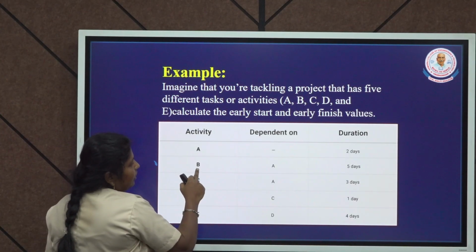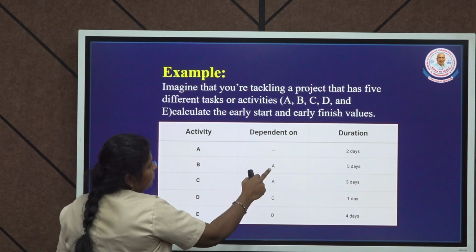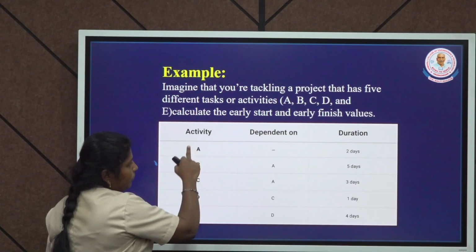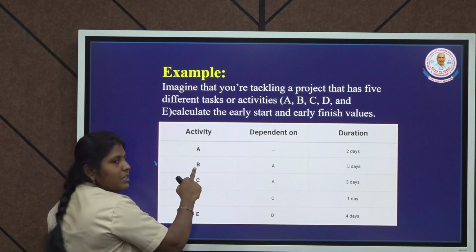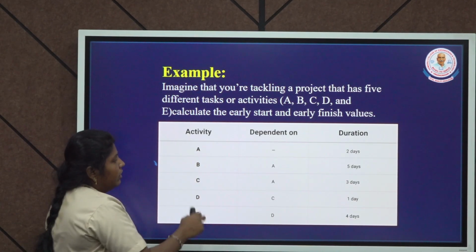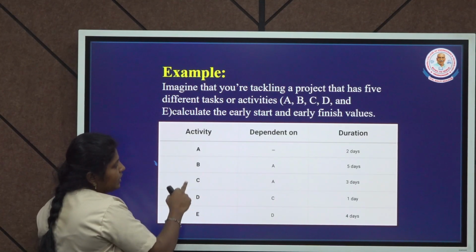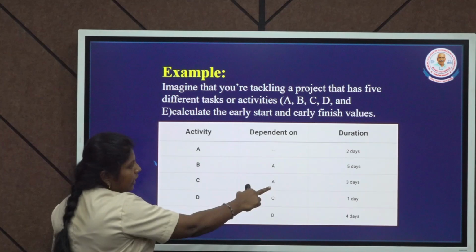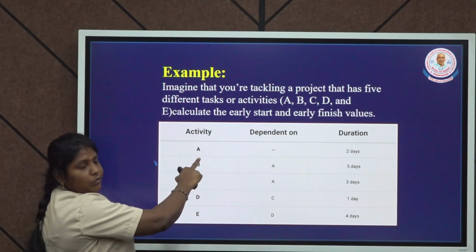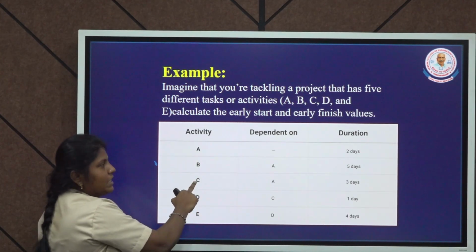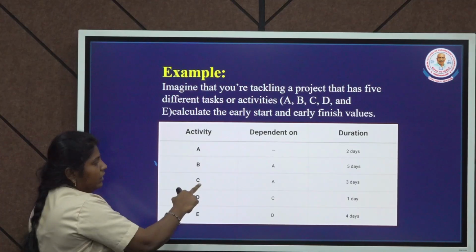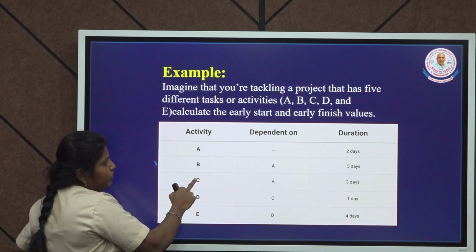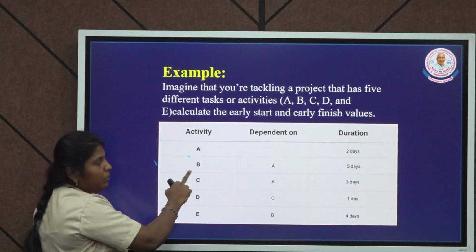B depends on A, so only after the completion of A does B start its work. C is the third activity and also depends on A, so after the completion of A, C will start its work.